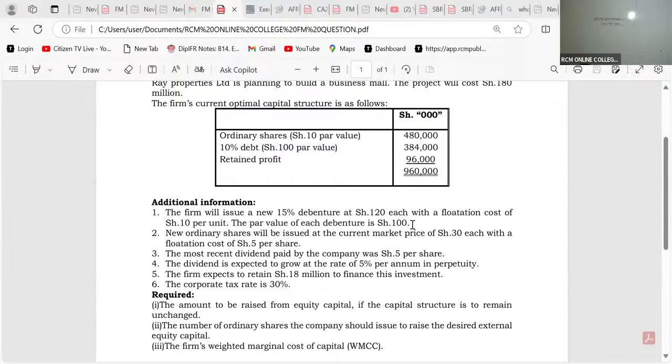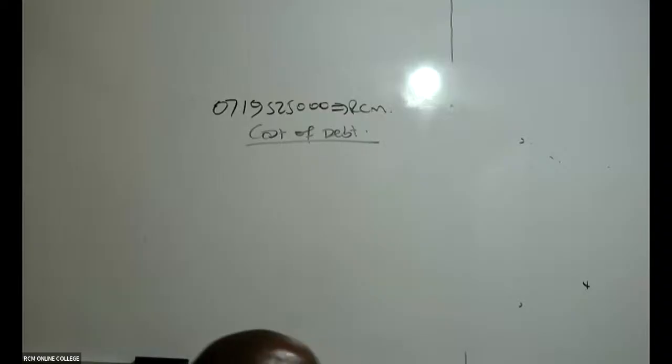Is it redeemable, my good students? If it was a redeemable debt, then I would have seen the period of redemption. I would have seen like this thing should be redeemed after say 10 years. So this is irredeemable. And if it is irredeemable, then this is an examiner who is wishing you success.